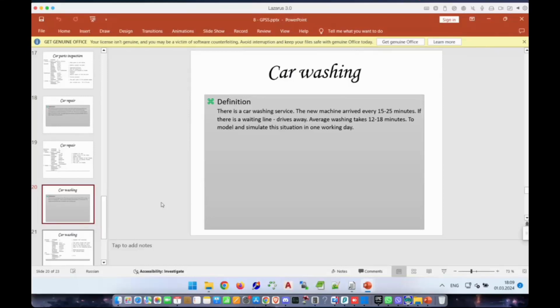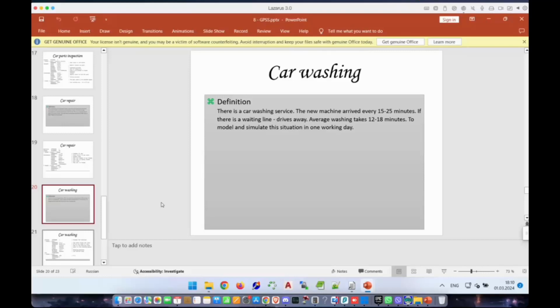So if there's a washing line, in other words, if all of the parking slots are occupied waiting for the car wash, then the car drives away. Otherwise, the car stays, takes the parking slot and waits.